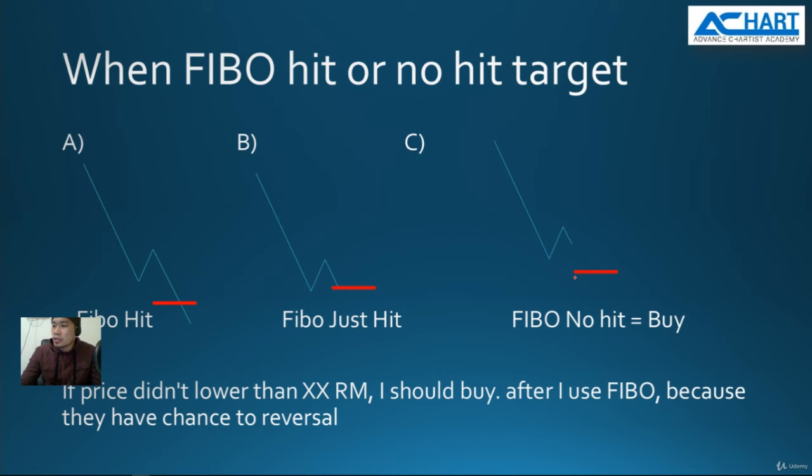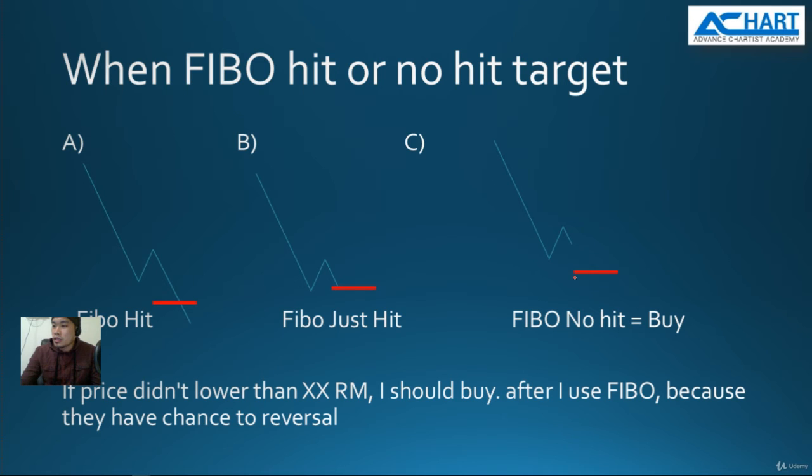Now, when you use Fibonacci as trend measuring, and we want to identify how the market starts to reverse, for example at the bottom reversal, we can use Fibonacci as our tool to measure whether the reversal will happen or not.